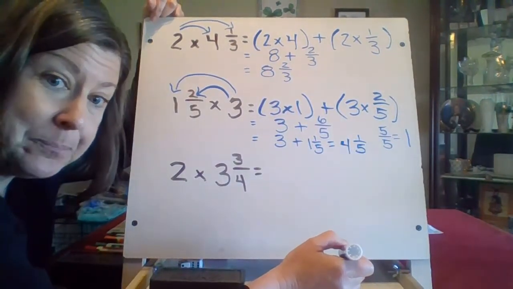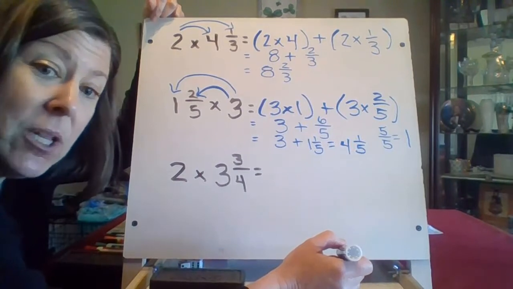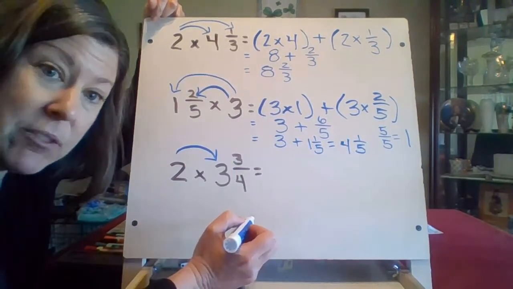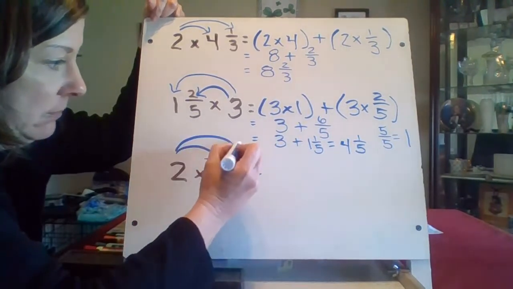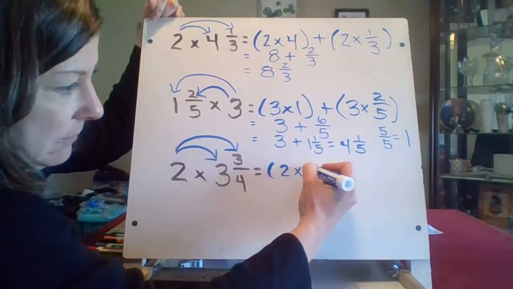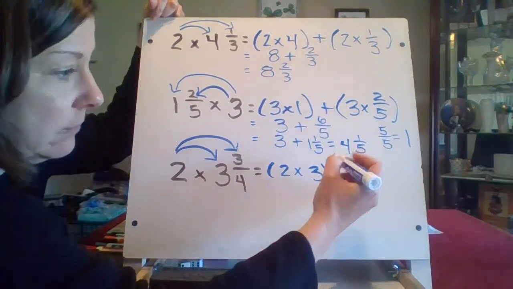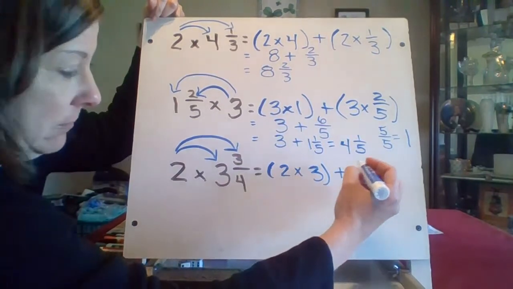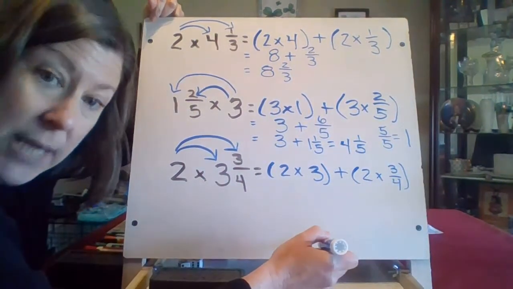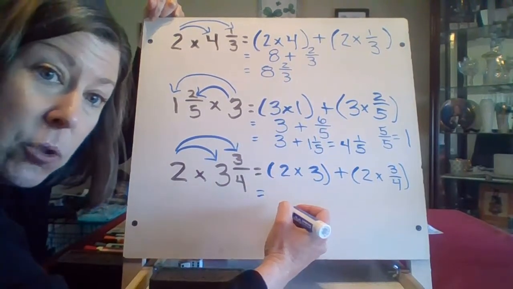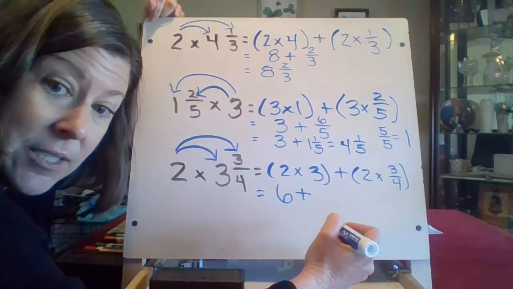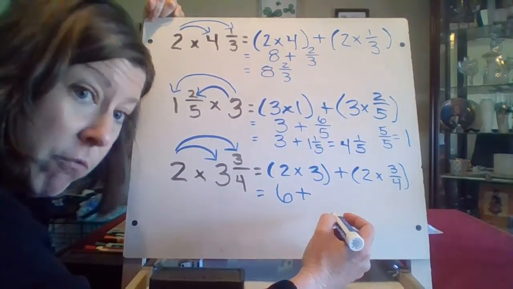We're going to try one more like that. So my next example, I have 2 times 3 3/4. I have to multiply the 2 times the 3. I have to multiply the 2 times the 3/4. The 2 times the 3 plus the 2 times the 3/4. 2 times 3 is 6, plus 2 times 3/4 is 6/4.